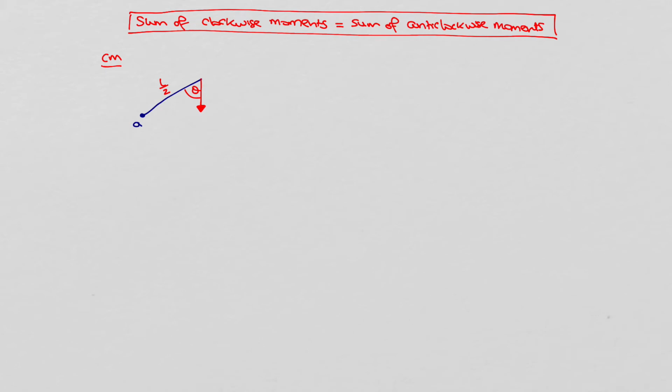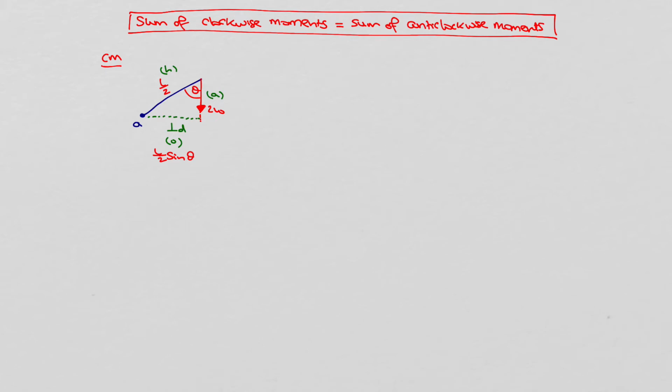Therefore, if my weight 2W is acting along this line here, then the perpendicular distance from the line of action of the force to the fulcrum would be this distance here, which is the opposite in this right angle triangle. This is my hypotenuse, and this side would be my adjacent. And therefore the opposite is always h sine theta. So h in this case is my L over 2, and sine theta is the angle.